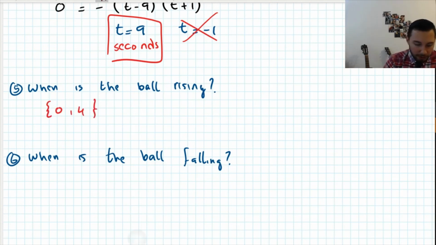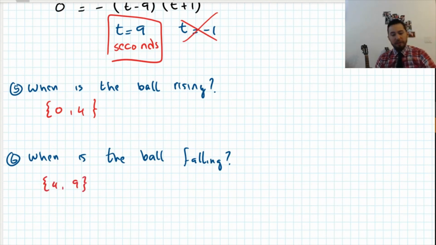And the ball was falling between 4 and 9, right? So if the question was, how long did the ball spend rising, you would say 4 seconds. And if the question was, how long did the ball spend falling, then the answer would be 5 seconds, right?